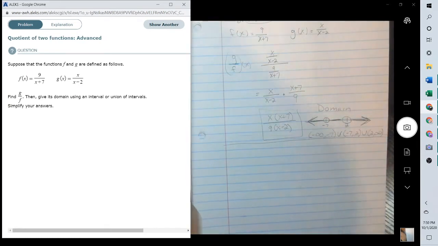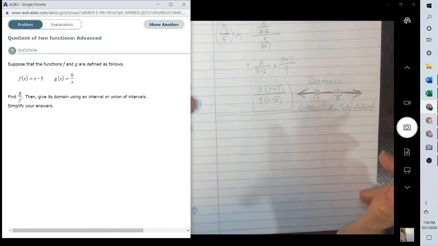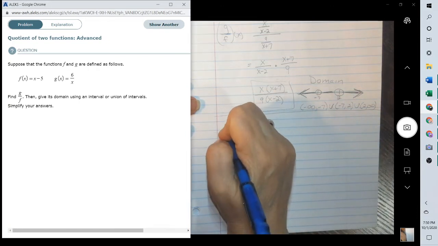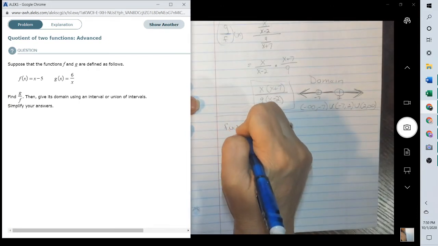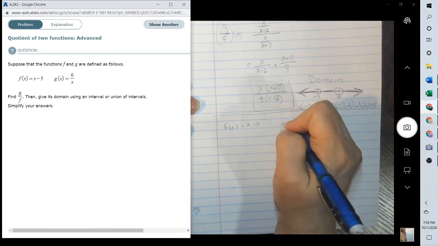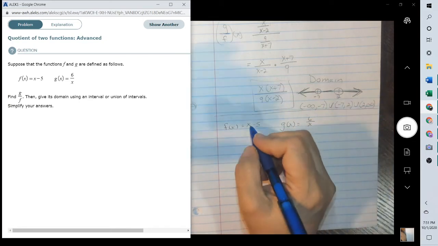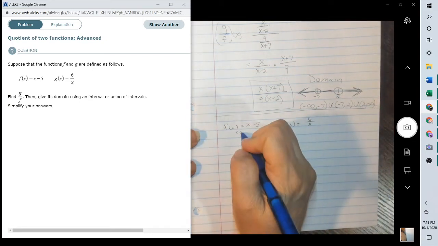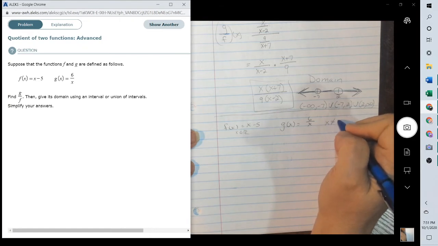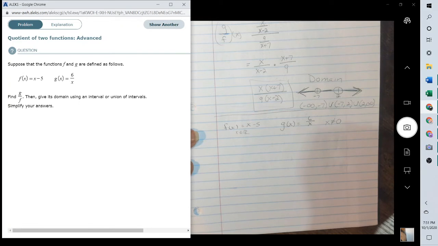Let's try another one. Okay. f of x equals x minus 5, and g of x equals 6 over x. So this one's all real numbers. This one, setting the denominator equal to 0, x cannot equal 0.